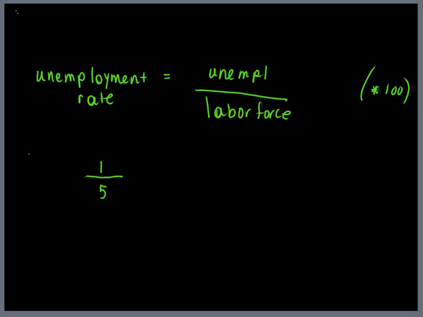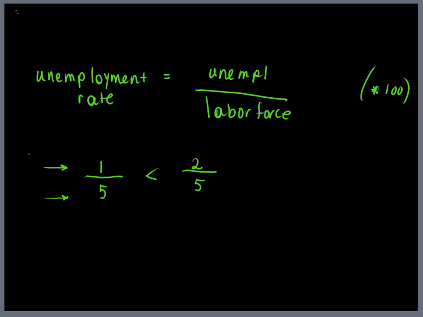If I want to make the unemployment rate larger by focusing on the number of unemployed, I could simply say, okay, let's make this a 2 instead of a 1. And I know 1/5 is less than 2/5. So that's how I'm going to make it larger by affecting the number of unemployed.